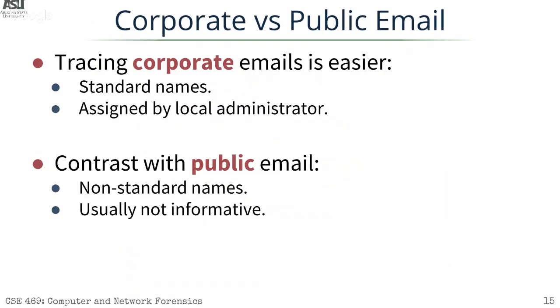Okay, so some differences between corporate versus public email. This is for forensic purposes, right? If we're going to trace corporate emails, it's going to be a lot easier because the names of corporate email addresses are typically standardized. Think about your ASU email address. It has components of your name in it, right?